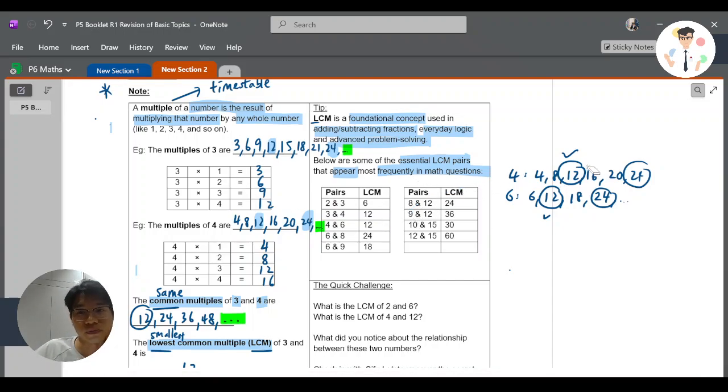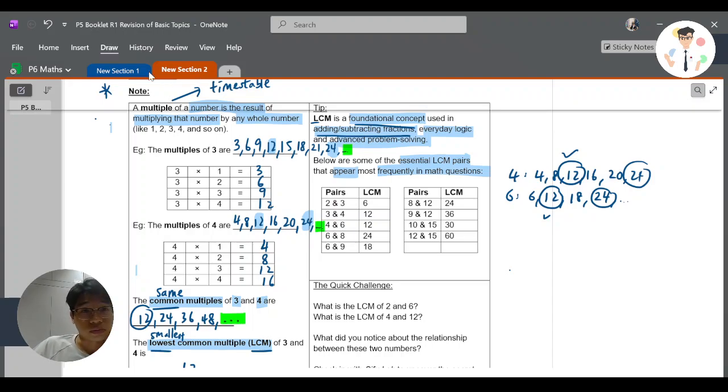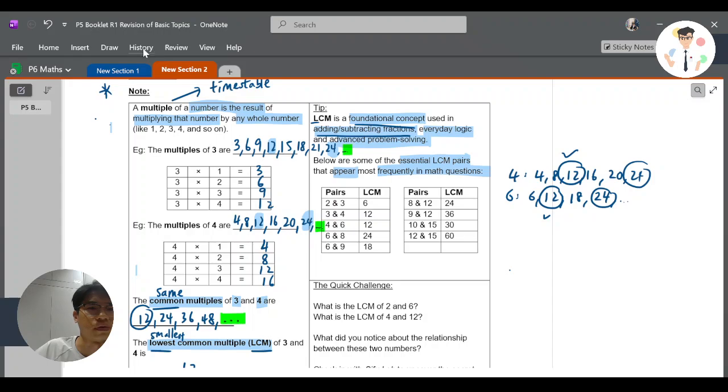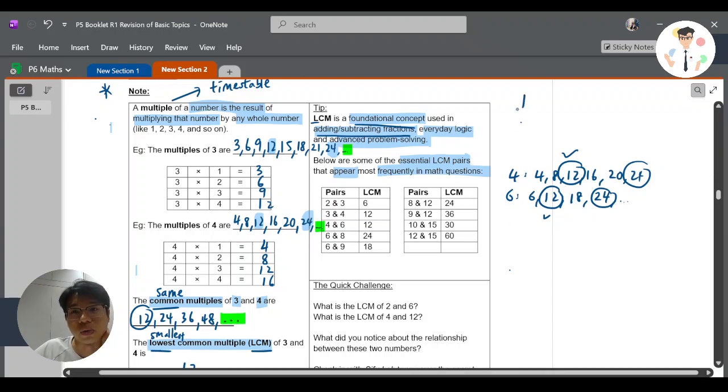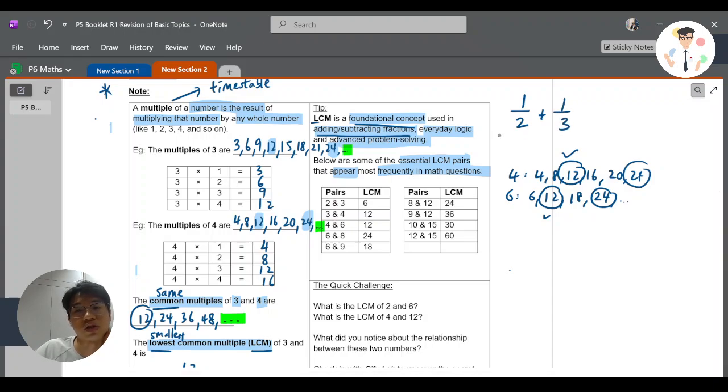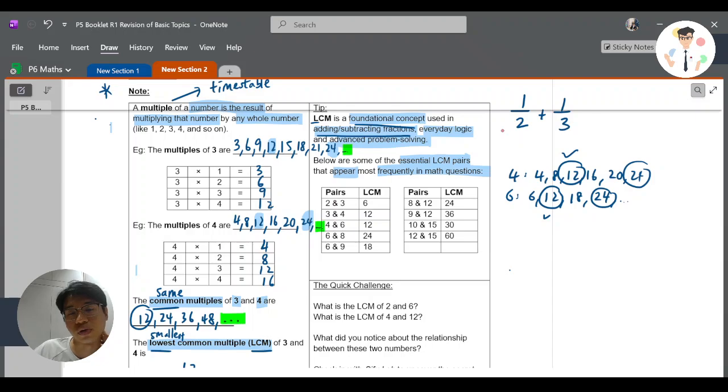Now, if you notice, here it says that it is a foundational concept used in adding and subtracting fractions. Did I teach you this? Do we use this before? Yes. Do you still remember something like this? If I ask you 1 over 2 plus 1 over 3, how do you add this together? Some teachers might teach you that you just need to multiply each other.